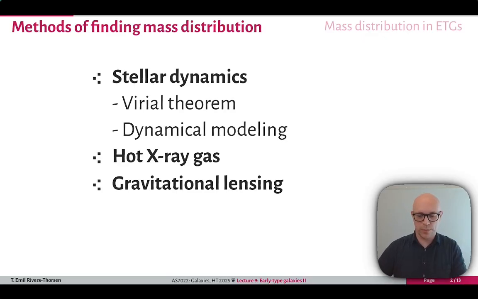We do this by 2 methods, as you can see here. The first one is the virial theorem, and the second one is dynamical modeling. The virial theorem is a coarser, more primitive version than dynamical modeling, but it's often also the only one that we really have access to observationally, because dynamical modeling is oftentimes a good deal more expensive and demanding.